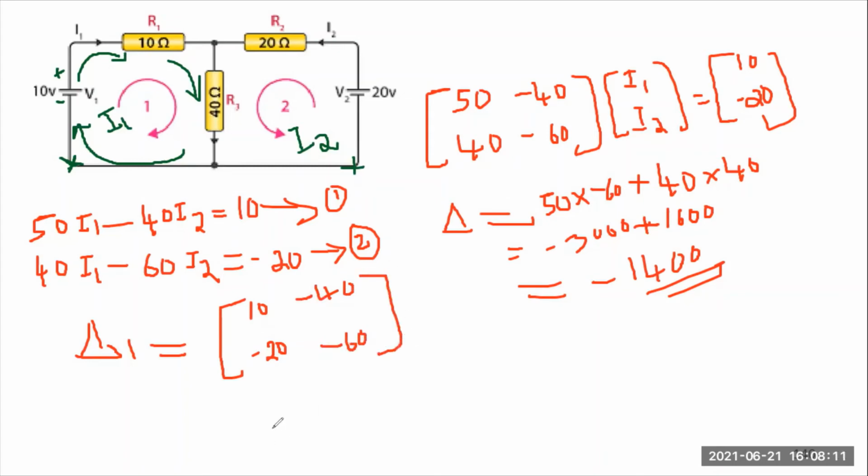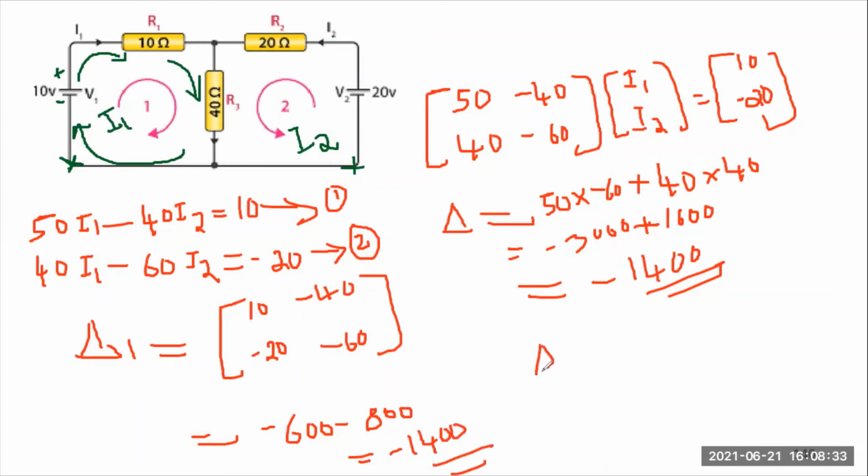So please solve. This will be 10 into minus 60, which means minus 600. Then 20 into 40, that means minus 800. This is nothing but minus 1400.